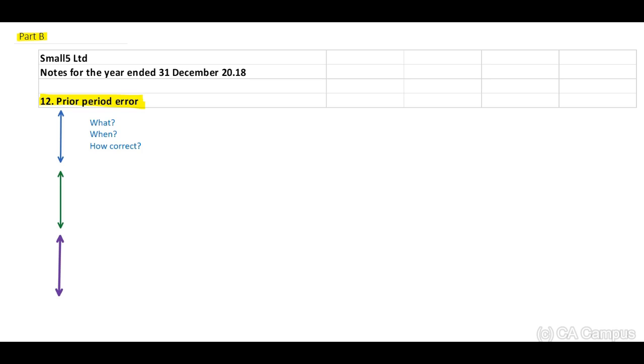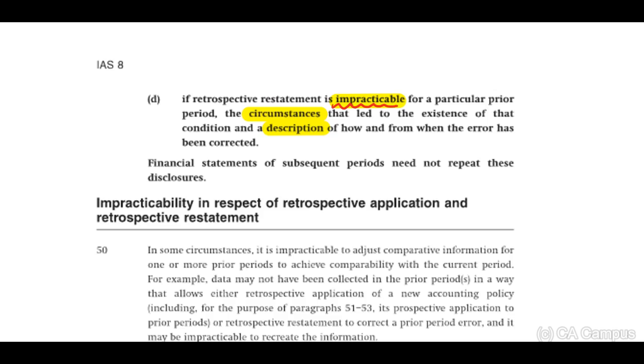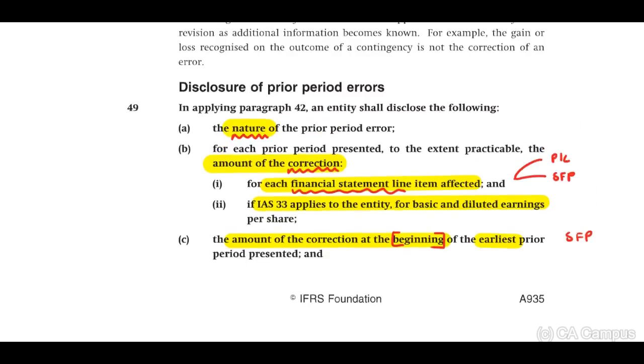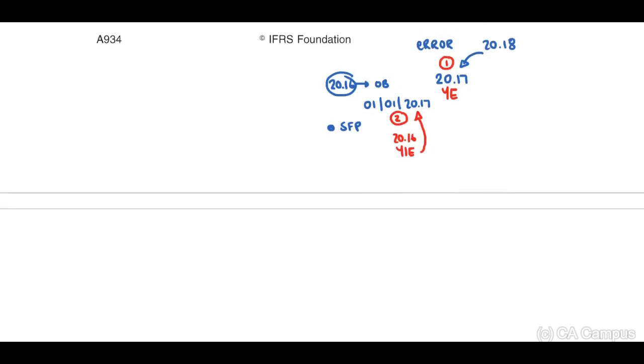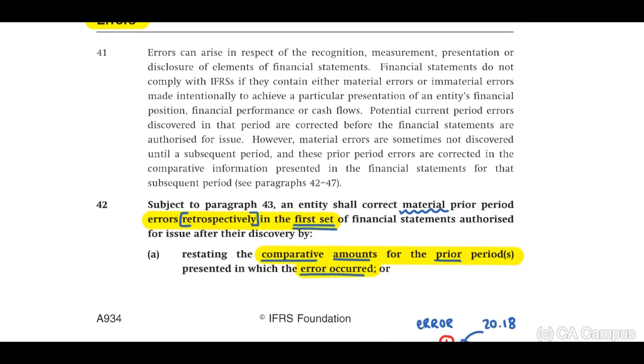But what I want you to identify in this note is that there's 3 important sections. Section number 1 is your description. What happened, when, and how are we going to correct this? Therefore, you need to indicate, in terms of IS8, remember when you look at this, paragraph 42, you need to indicate that we will have to correct this retrospectively, and you need to write that word down.